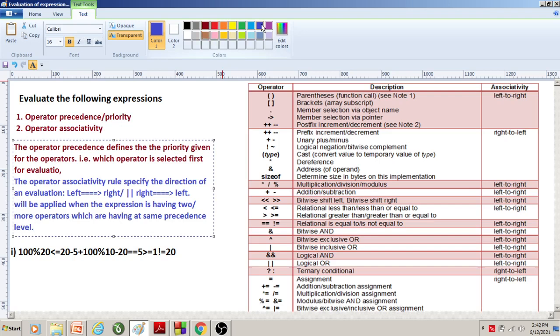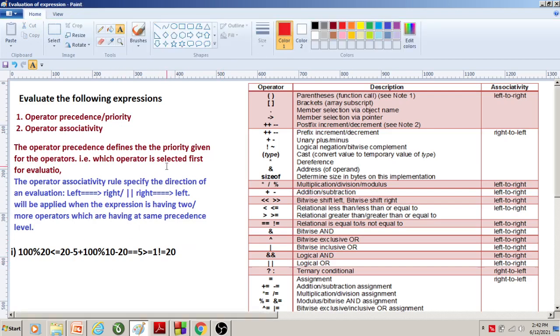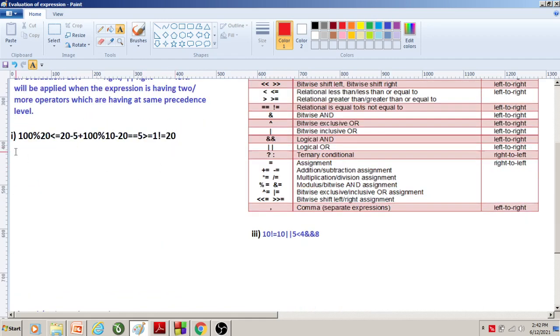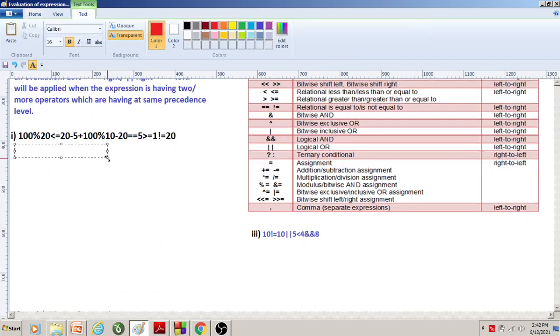So let us evaluate the following expressions by applying the precedence of the operator and operator associativity rule. So here an expression is given. In this expression we have many operators. To start evaluation of an expression, first we should identify the priority of each operator.